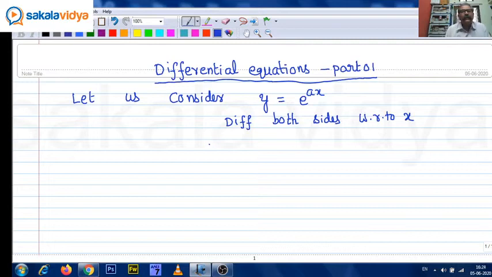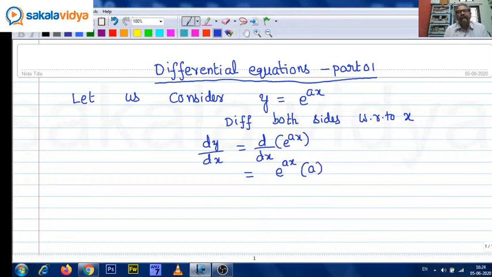Now what do you get? dy by dx equals d by dx of e power ax. We know e power ax differentiation is e power ax, then multiplied by a.